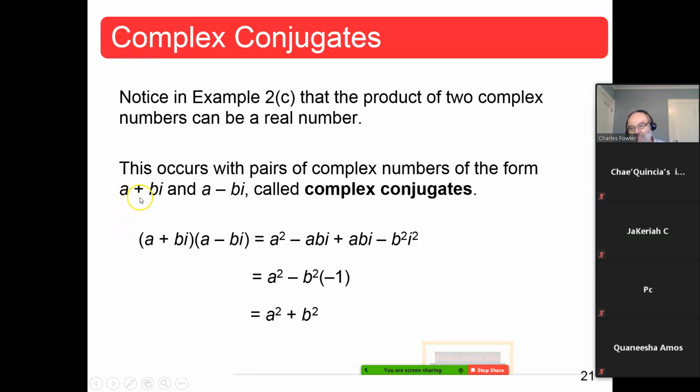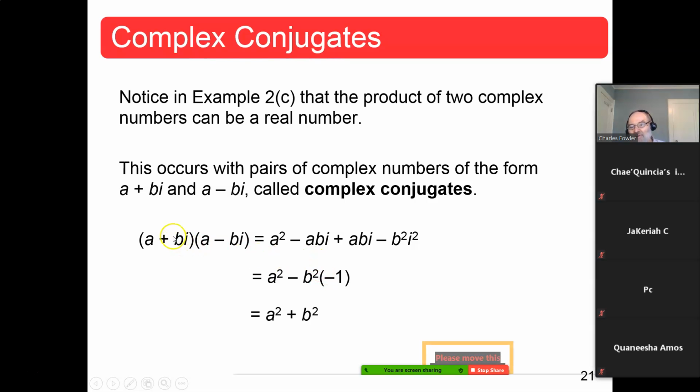When you have just real numbers there, a plus b times a minus b, you just get the difference of two perfect squares. Okay? And when you have the complex conjugates, multiply those together, you're going to get a real number. Okay? And this is what happens. The a times a is a squared. bi times minus bi is minus b squared times i squared, which is a minus 1. Okay?